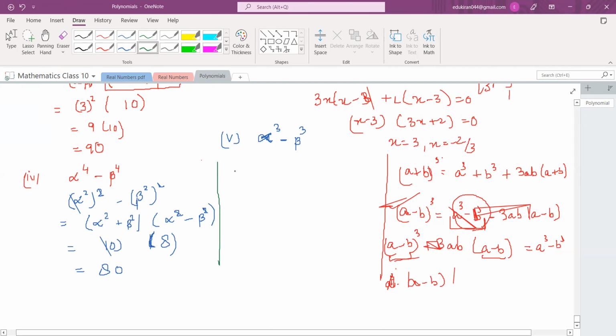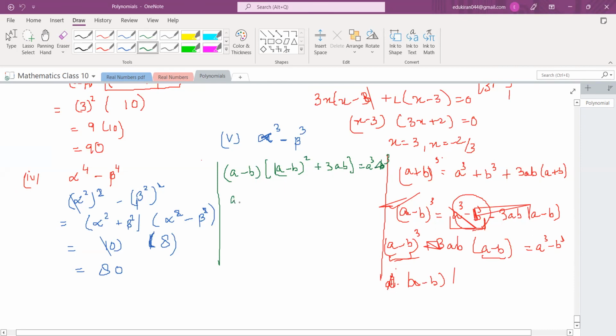So from the first two terms, I'm taking a minus b common, right? So here I'm left with a minus b whole square and then plus 3ab. Clear? Is equal to a cube minus b cube. Okay.